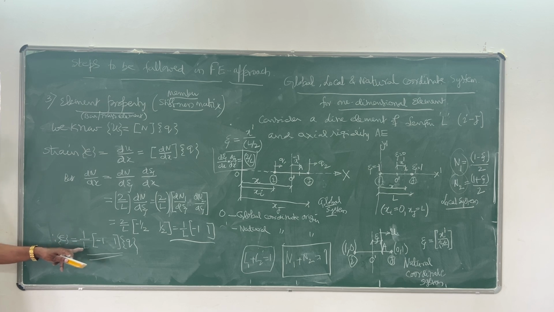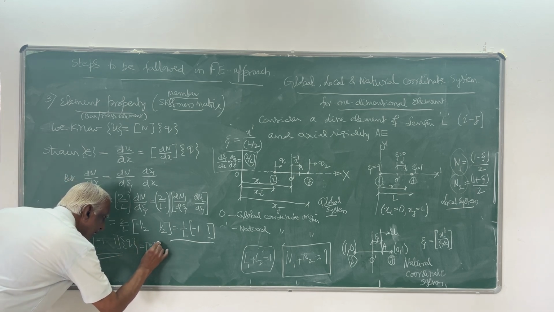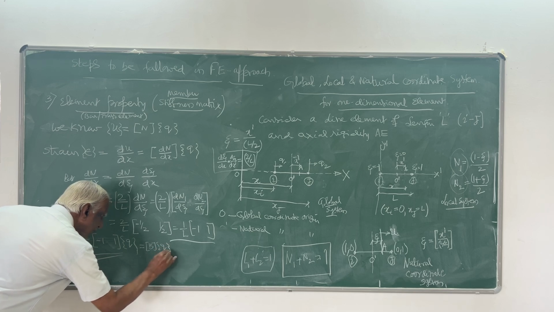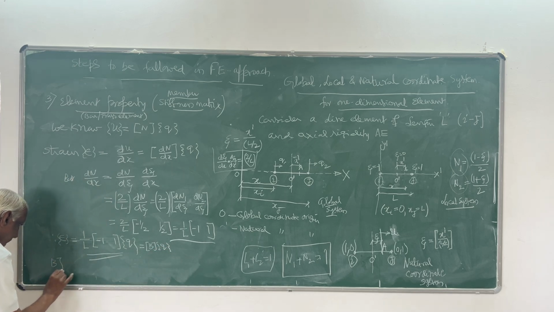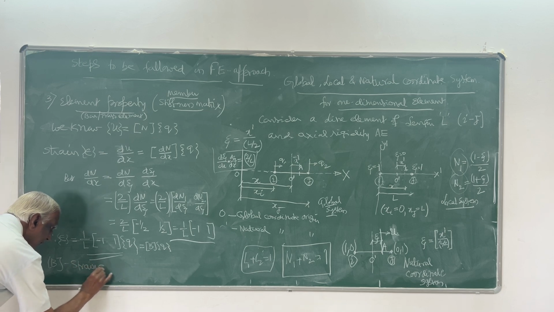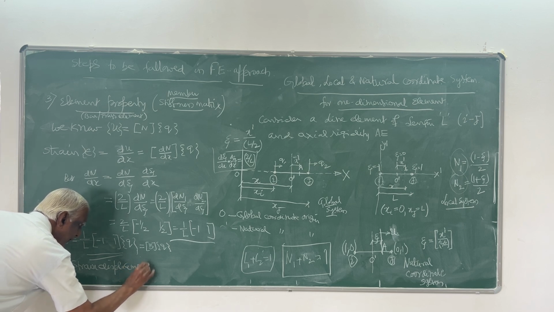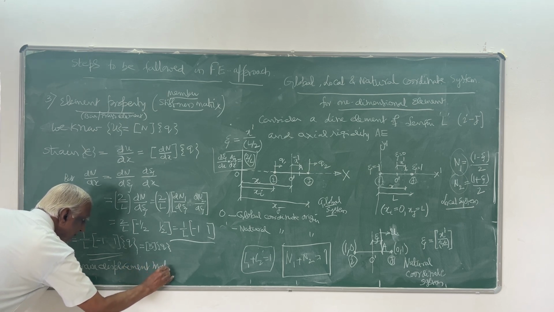As the name itself indicates, this is the displacement, this is the strain, this is the connecting matrix. This is called B Q, where B is called the strain displacement matrix.